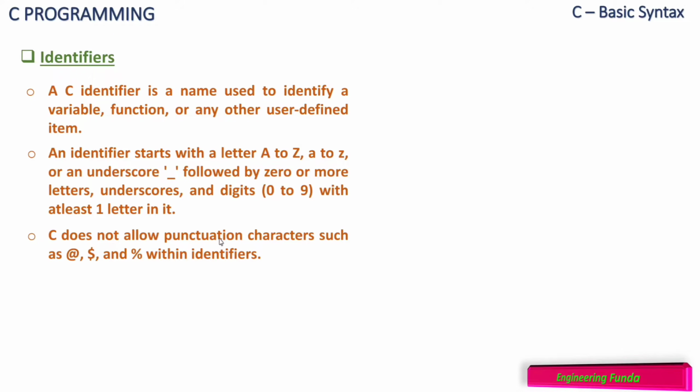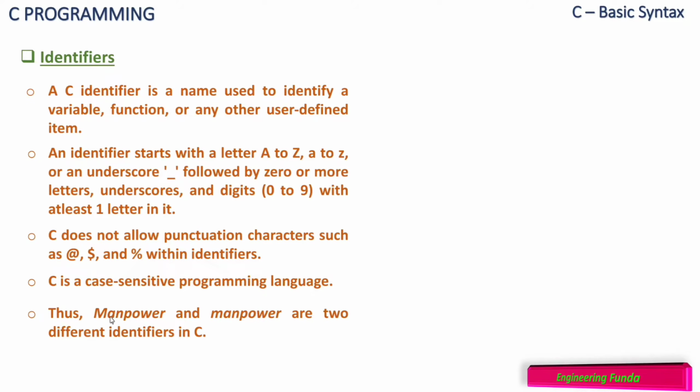C does not allow punctuation characters such as @, $, and & within an identifier. The only punctuation mark that is allowed is the underscore. C is a case sensitive programming language.